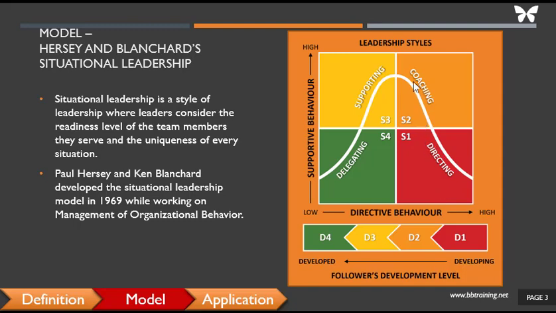As the skill improves, the leader gets into the coaching style of leadership, and then the supporting style of leadership. Coaching is still helping the team member identify the problem, the issues, and also the solutions through the GROW model of coaching, as we all know.